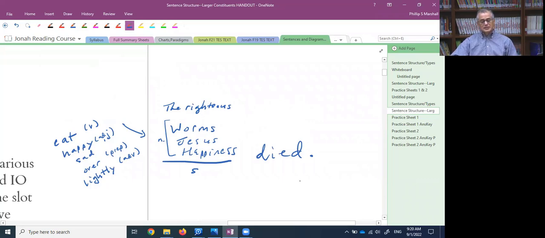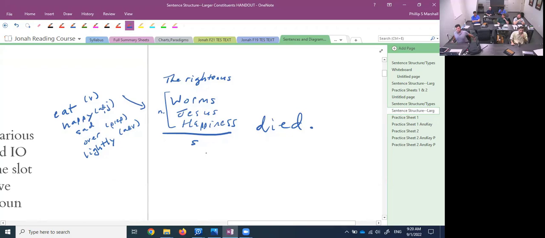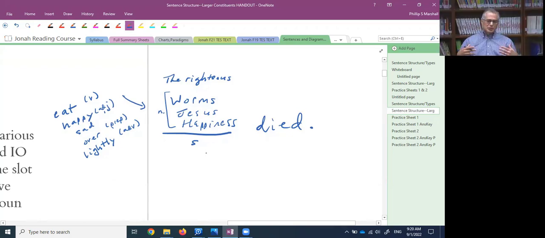So, "the righteous died." Righteous is technically an adjective, but this is functioning as a noun. Okay. So what am I trying to help you do? I'm trying to help you think through, even if you may not be able to give a good grammatical definition of a noun: a noun is anything that can fill the slot in the sentence "blank died."